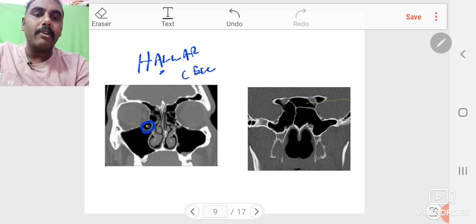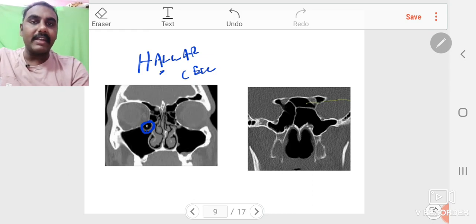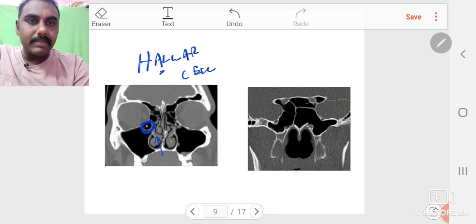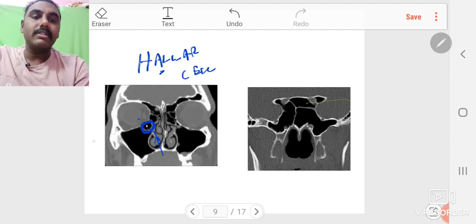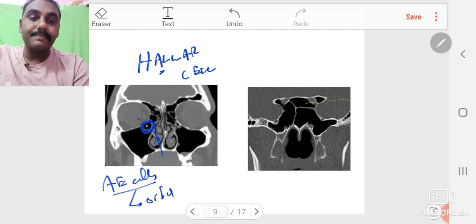This point marked with the star is a Haller cell. The significance of Haller cell is that during surgery, if we pass our endoscope like this and blindly injure this cell or try to remove the cell, we may injure the orbit. So Haller cell is an anterior ethmoidal cell, lies in close contact with the orbit.